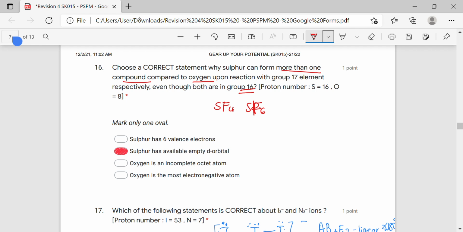So untuk oksigen di dalam period 2, so sulfur di period 3. So kita tahu bila period 3 dia ada extra empty orbital, so nanti dia boleh expand. Jadi reasonnya ialah sulfur has empty d orbital.